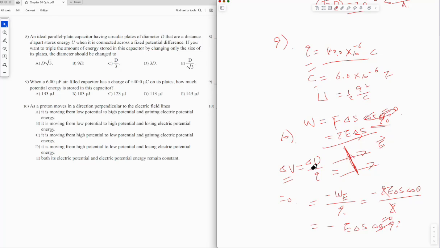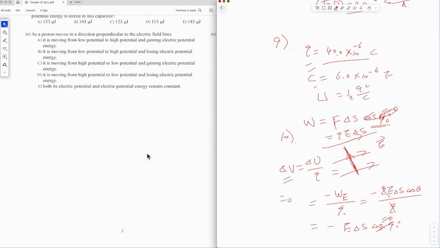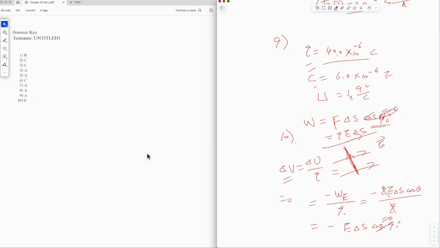Both the electric potential and the potential energy remain constant. Delta V is 0, delta U is 0. That's E. So here is your answer.